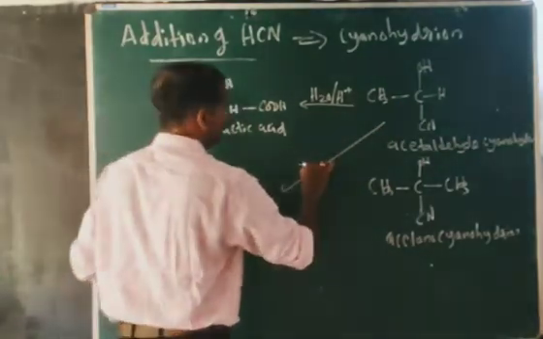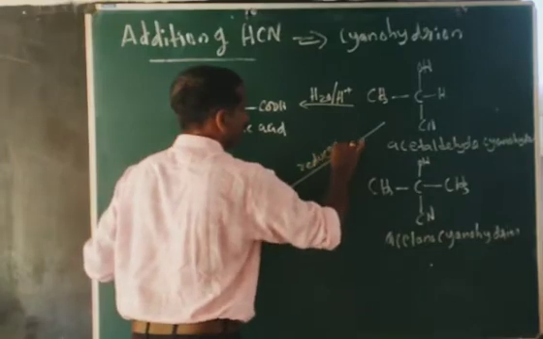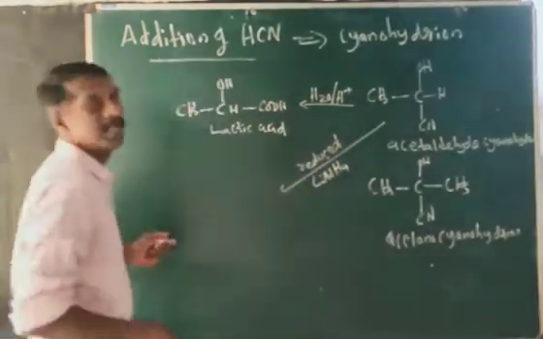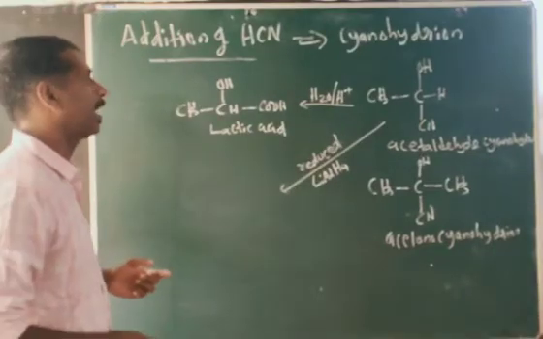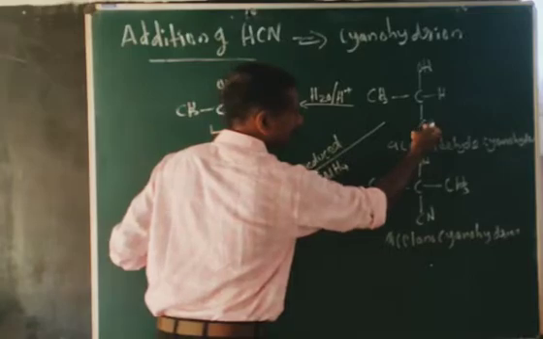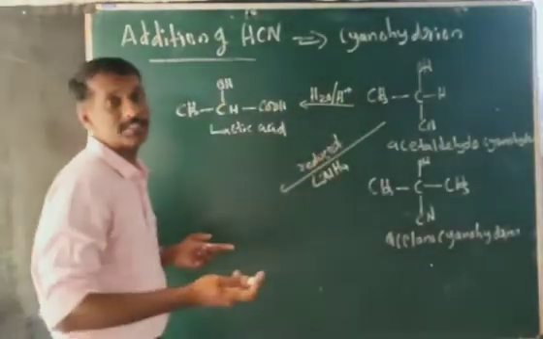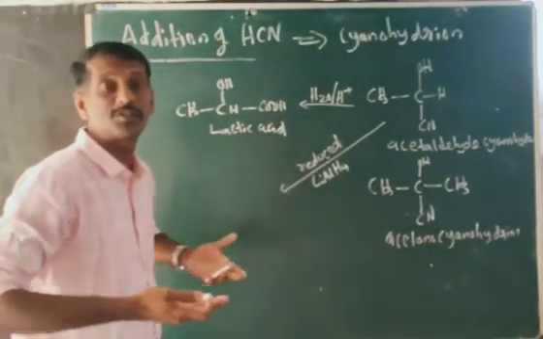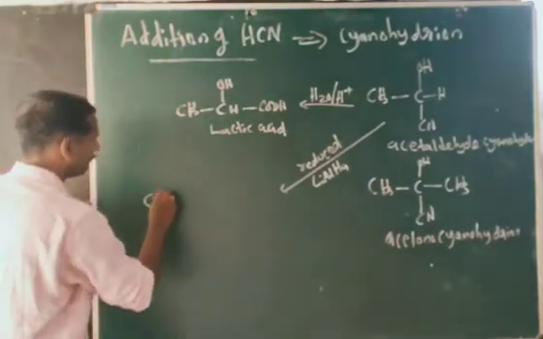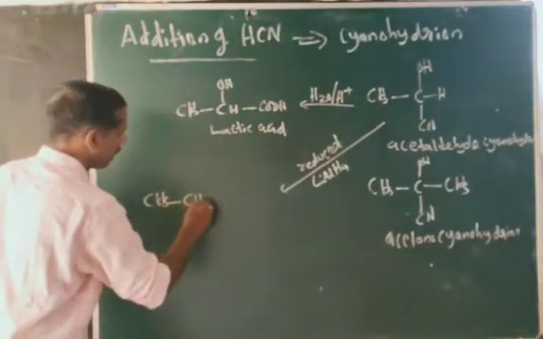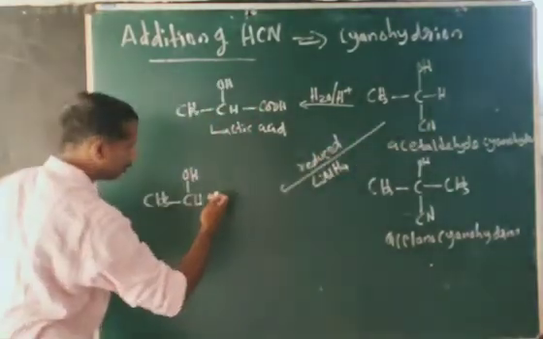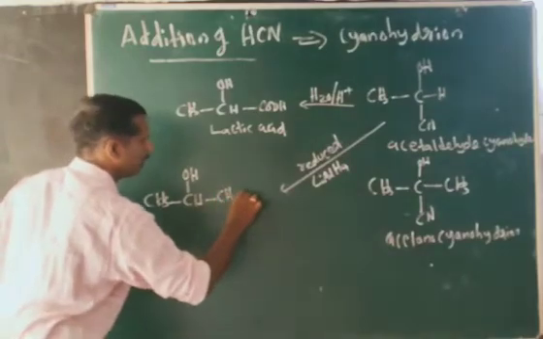Similarly, when it undergoes reduction, when it is reduced with LiAlH4, lithium aluminium hydride, this CN group will change into CH2NH2, that we have studied. Therefore we get CH3CHOH, and the CN group when reduced changes to CH2NH2.